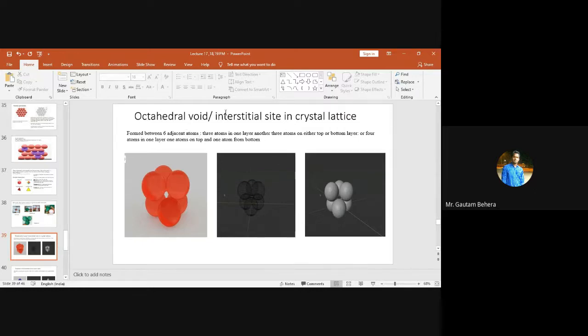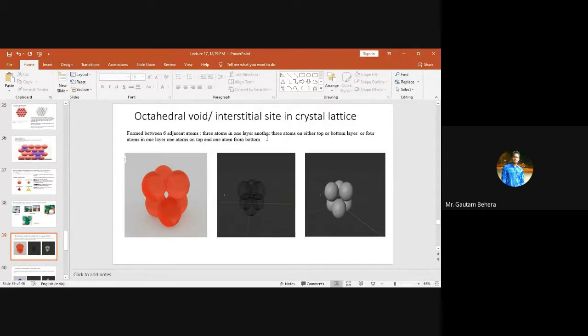Just have a look. Octahedral voids or interstitial sites in the crystal lattice. So as I told, an octahedral void will form between 6 adjacent atoms: 3 atoms in one layer and 3 atoms in either the top or bottom layer. This is one situation.